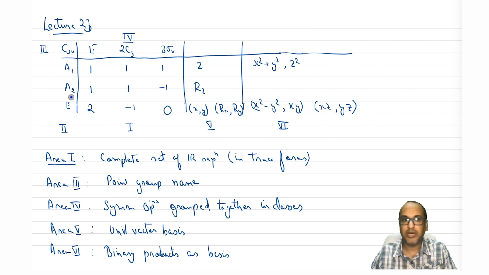Now, 1 and 2: the character under sigma V is positive for this one, so it is subscripted as 1, and negative for this one, so it is subscripted as 2. For E there is no subscript required because there is only one E, and that uniquely defines this particular irreducible representation.